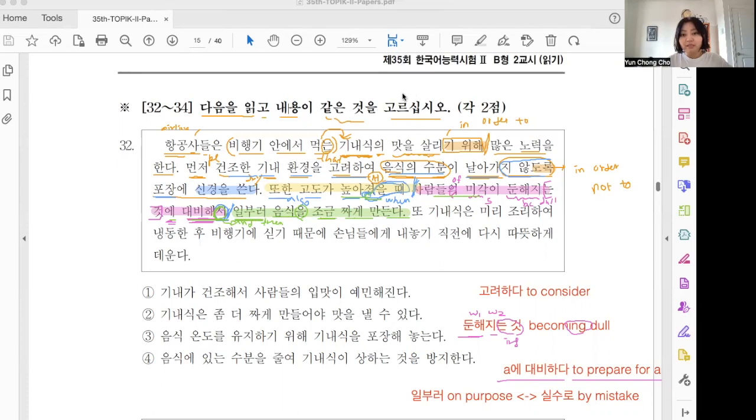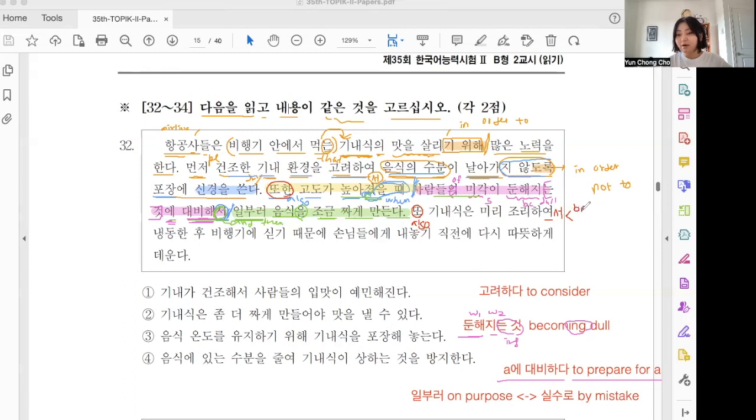또 기내식은, this is a similar word to 또한, also. So 또한, same, also. 또, also. 기내식은 미리 조리하여, usually you can guess that 서 is missing. But as we can see, 서 has two meanings.